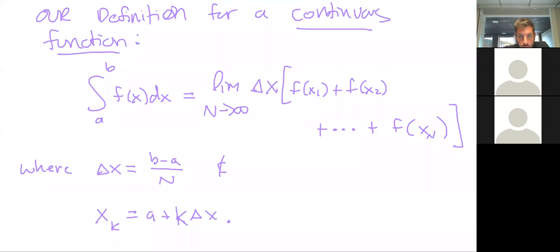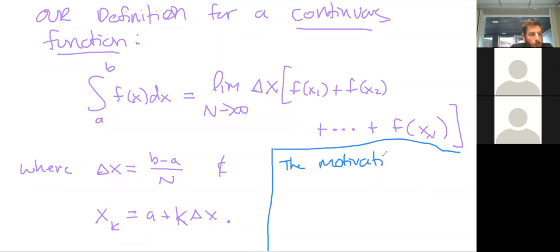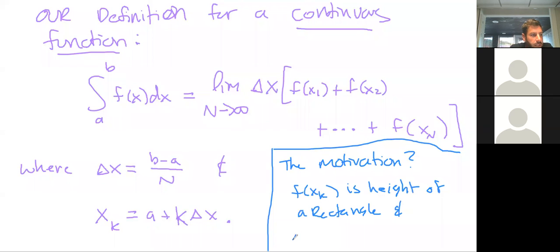So the motivation for this definition was f of x sub k is the height of a rectangle, and delta x is the width.